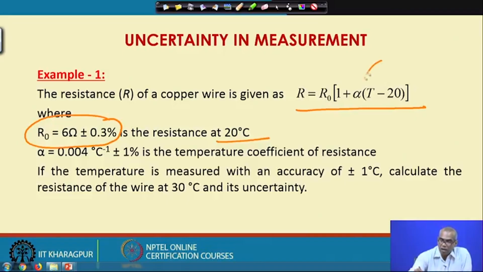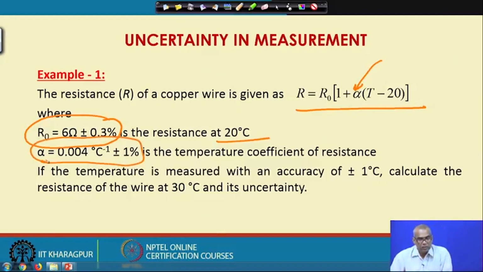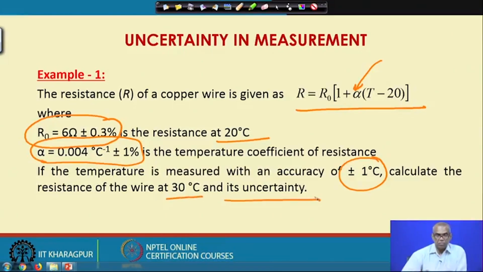The term alpha is the temperature coefficient of resistance and is given as 0.004 plus minus 1%. So, the inaccuracy in the measurement of alpha is plus minus 1%. If the temperature is measured with an accuracy of plus minus 1%, calculate the resistance of the wire at 30 degree Celsius and its uncertainty.